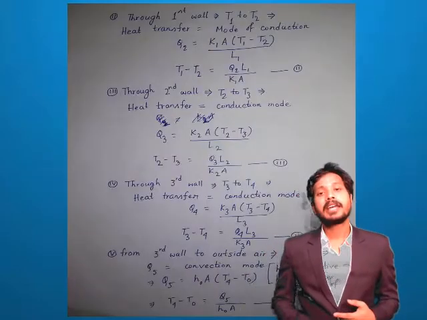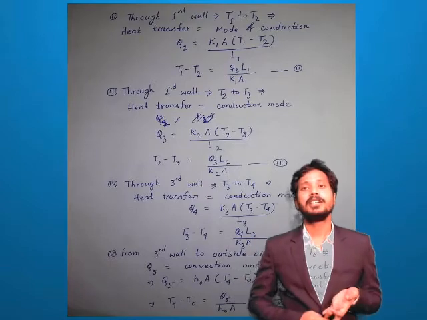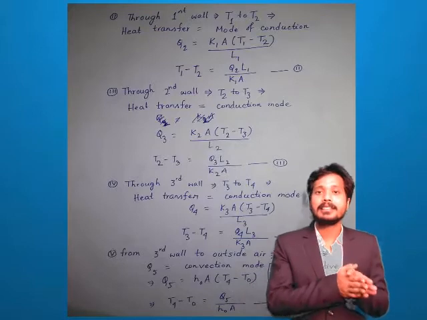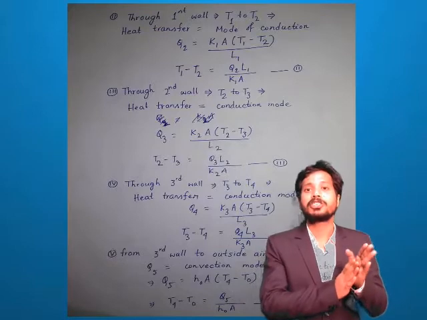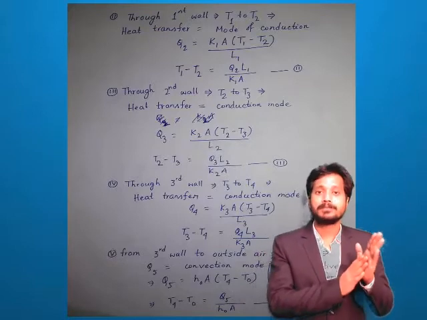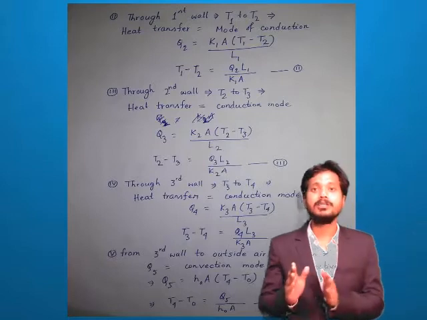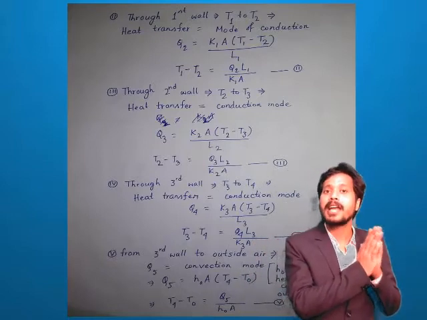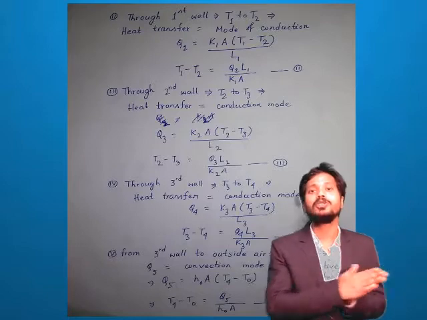Now again if we continue this process, you see from the diagram, now the heat is at the end of the first wall. So now the heat will be carried from the first wall to the second wall.